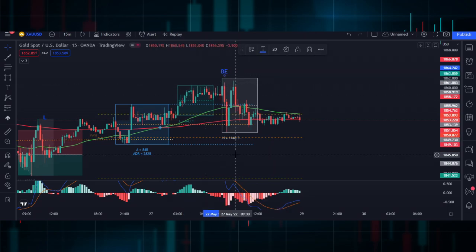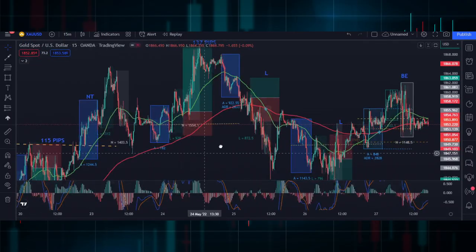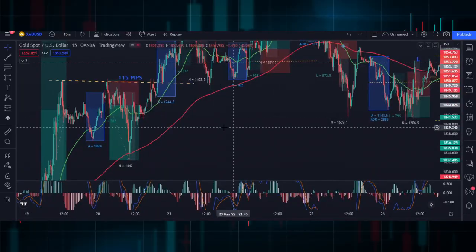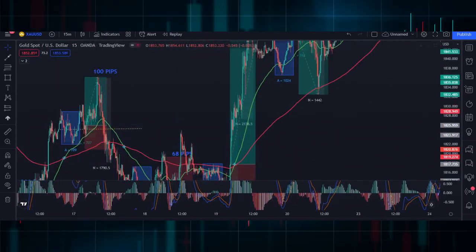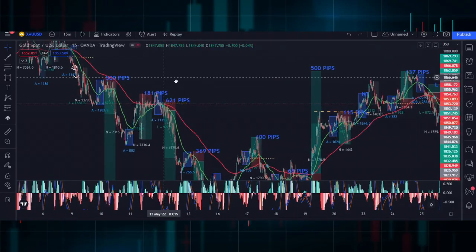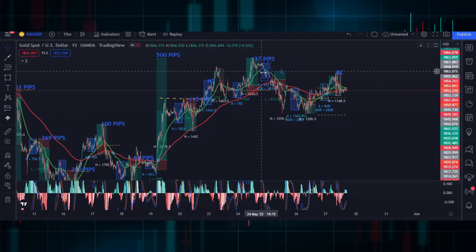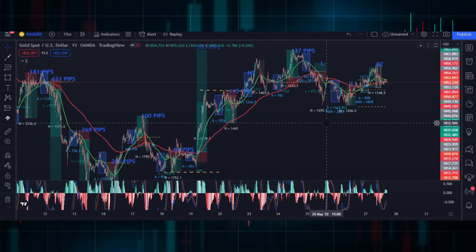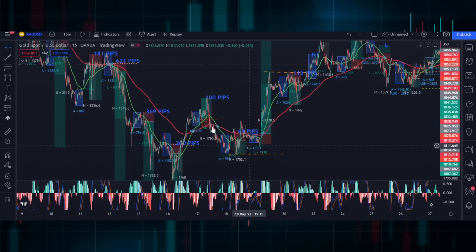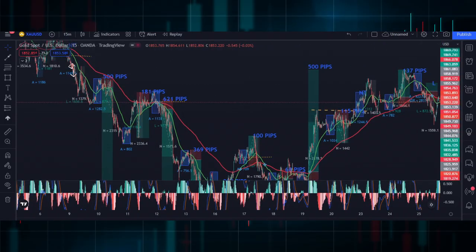Okay, the next segment is going to be about the calculation of the win rate and how many pips there were in profit. So now let's calculate the win rate. In total we took 14 trades, and there were 1, 2, 3, 4, 5, 6, 7, 8, 9, 10 wins.